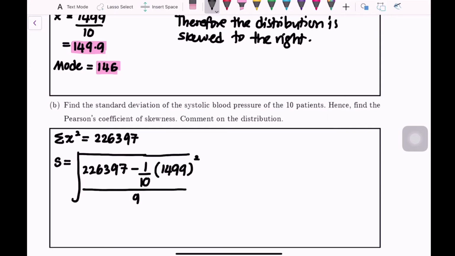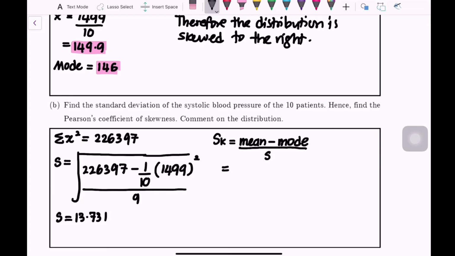So, S is equal to 13.731. To find the Pearson's coefficient of skewness, we use the formula SK is equal to mean minus mode over standard deviation.